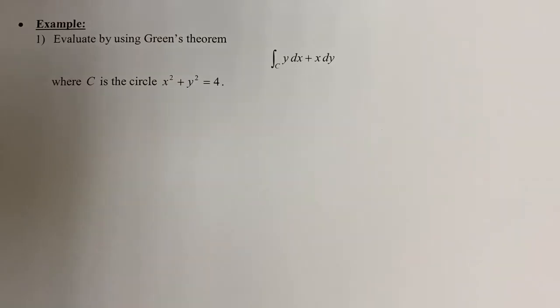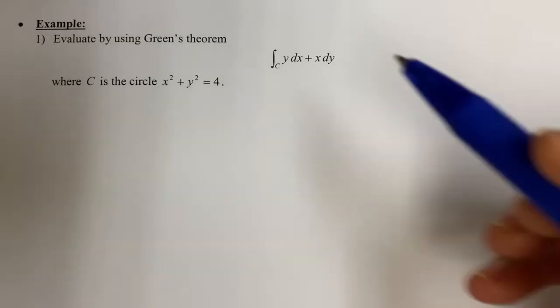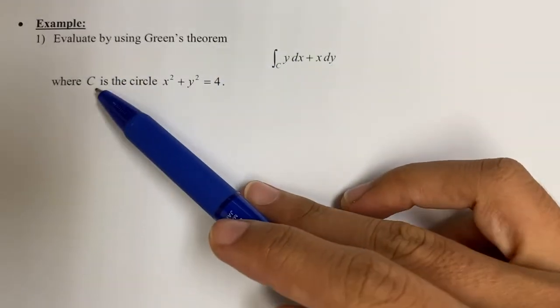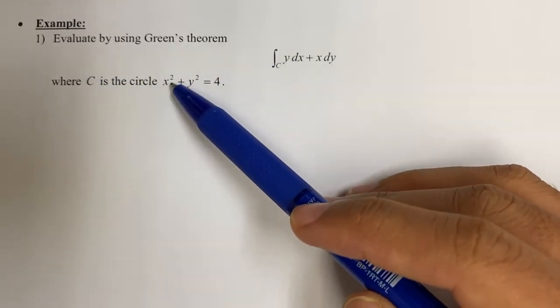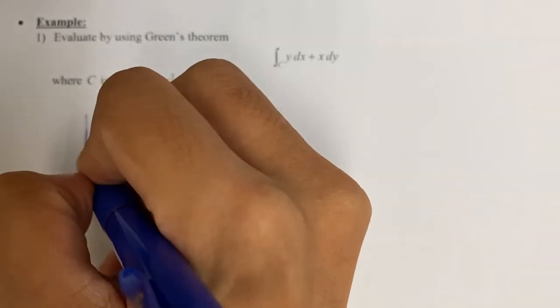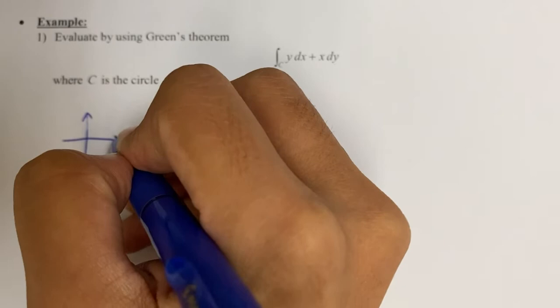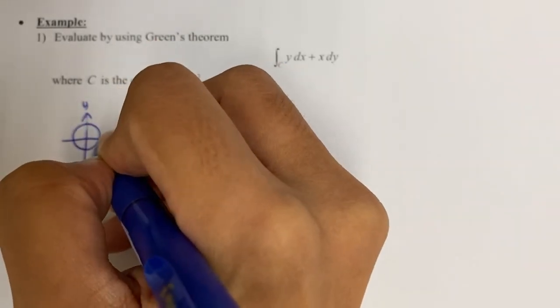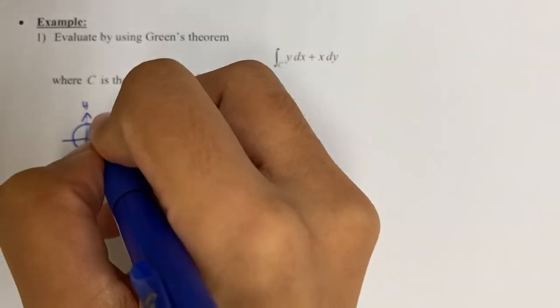For the first example, evaluate by using Green's theorem. Okay, you have the integral over C of y dx plus x dy, where C is the circle x squared plus y squared equals 4. So you have a circle on the y and x axes with radius 2, counterclockwise.